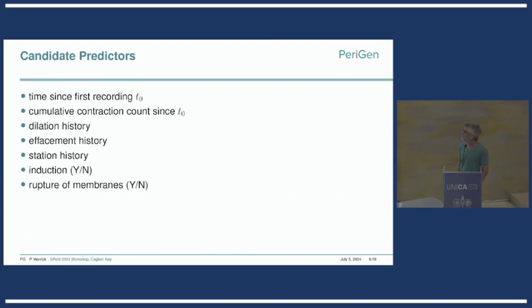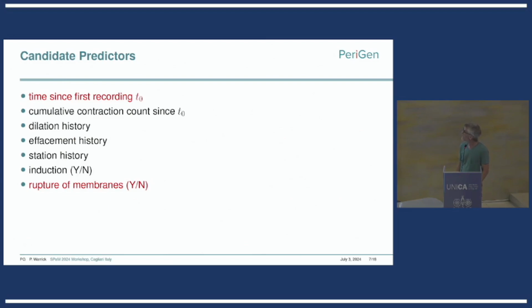At any point in time, we look at the dilation that has happened in the past, as well as the effacement and the station. And we have a couple of categorical variables, induction and rupture of membranes, whether these conditions were present or not. In the end, our model did not need the time itself.